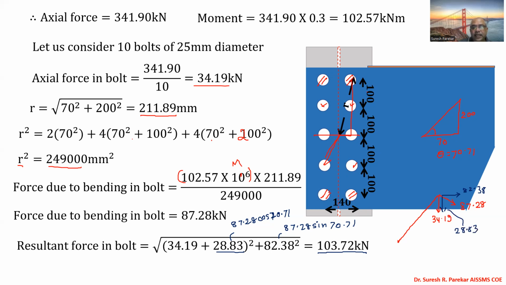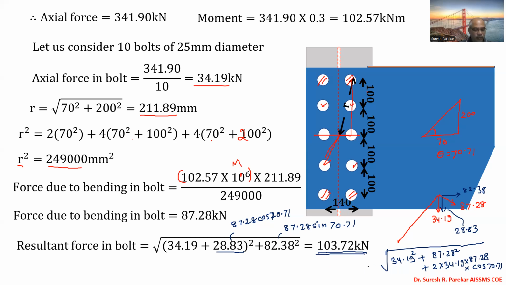From this I get the resultant bolt force. You can calculate it using 34.19 square plus 87.28 square plus 2 into 34.19 into 87.28 into cos of 70.71, and from this also you get the same value.